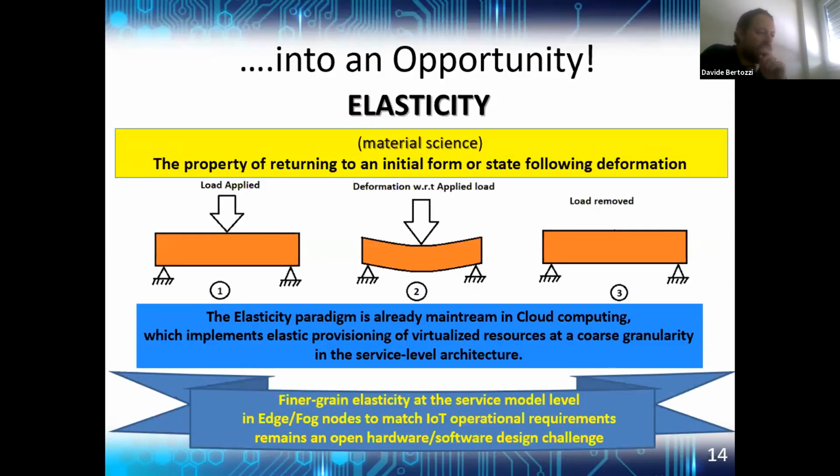But this kind of elasticity cannot be naturally implemented as is at the infrastructure edge, because this is a much more constrained execution environment. Therefore, at the edge, resource elasticity should be implemented not at the service architecture level, but at the service model level. The granularity of resource allocation should be individual processing elements.